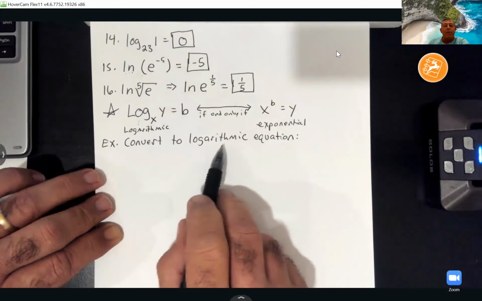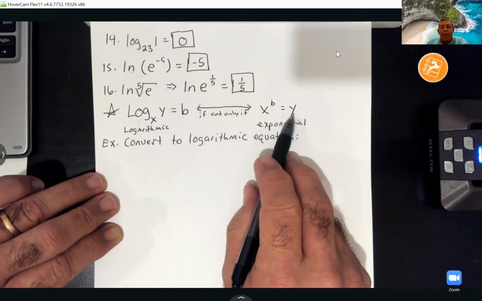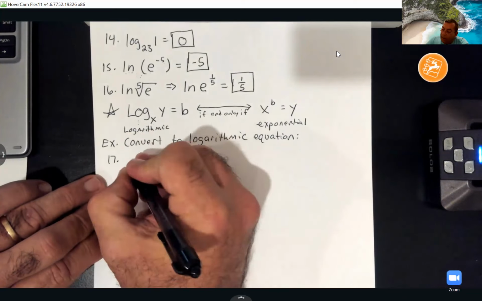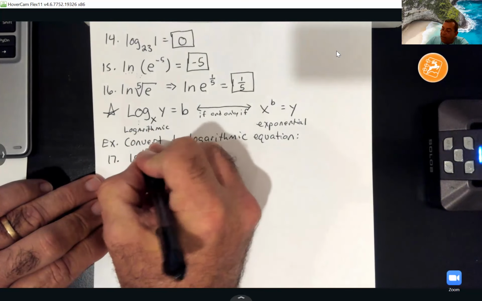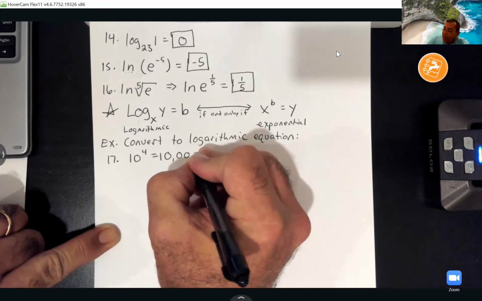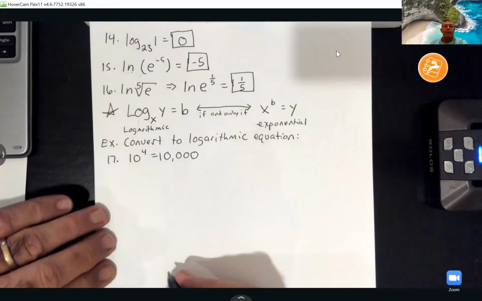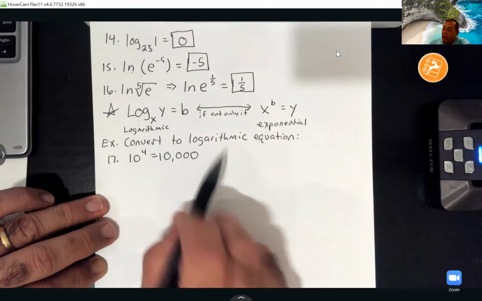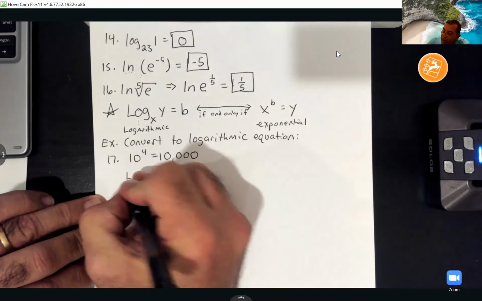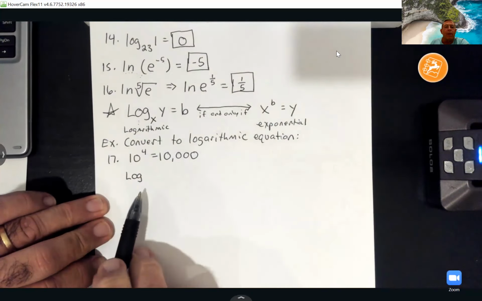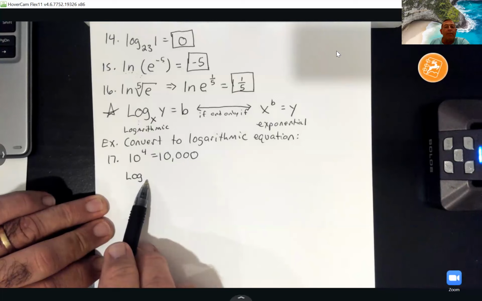So if I'm going to convert to logarithmic, they're going to give me the exponential, okay? So 10 to the 4th equals 10,000. So to convert from this exponential to logarithmic, we're first going to write log. We're going to figure out our base.